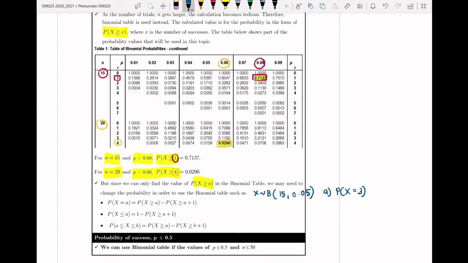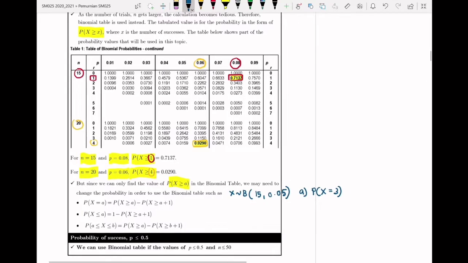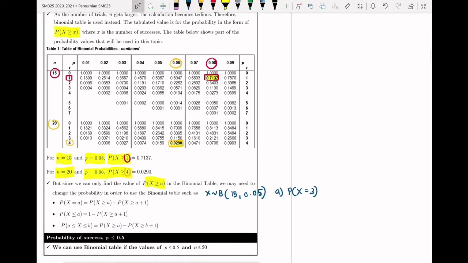So, if you need to find X equals 3, assuming we have a number line here, 3 and then 4, 5, 6 up until 15, because our n is 15. We want to find the value of X equals 3.